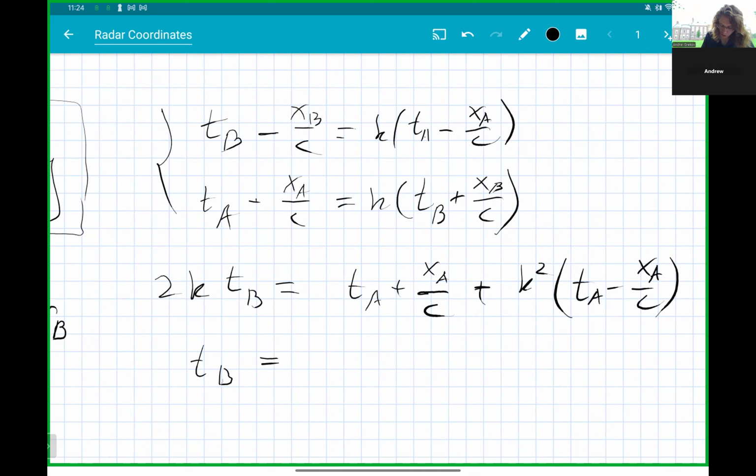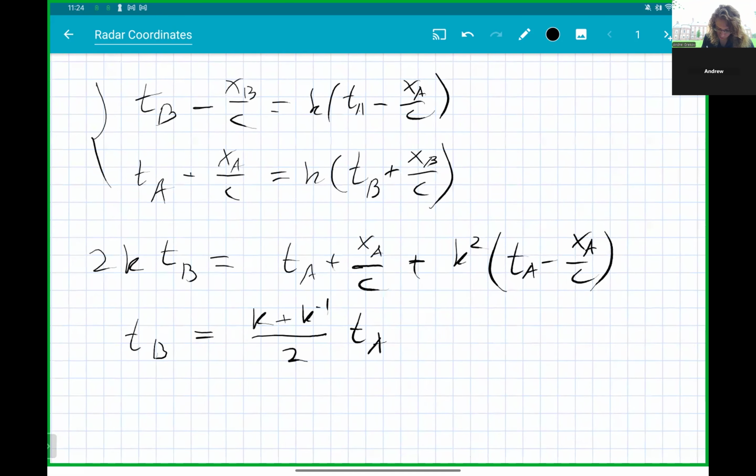There's plus here. So TB equals K plus K inverse over 2 TA minus K inverse over 2 XA over C, right? I guess it's correct.